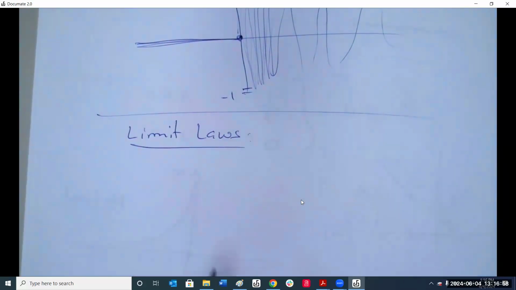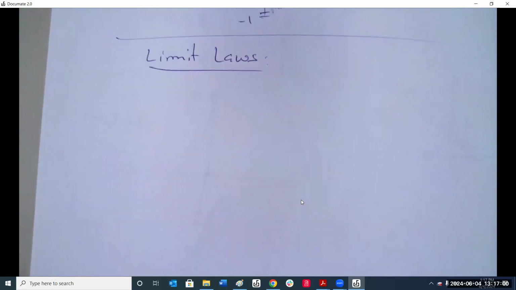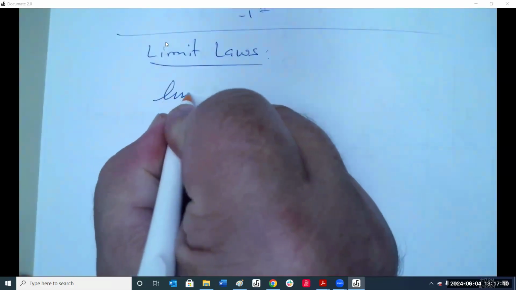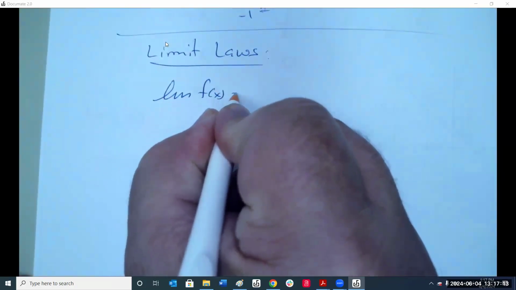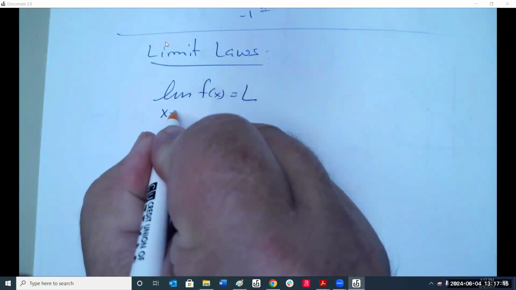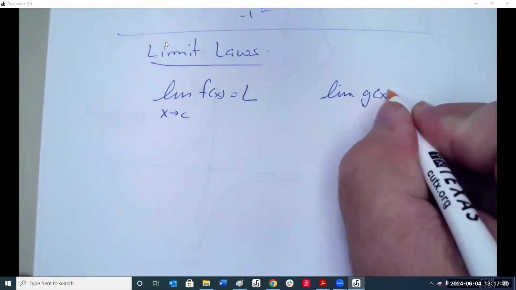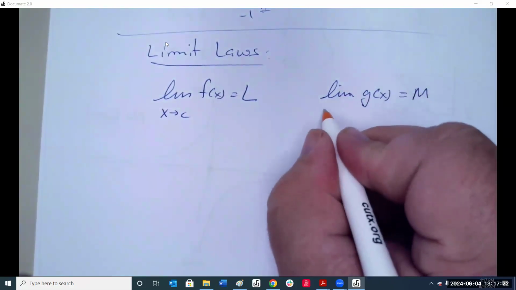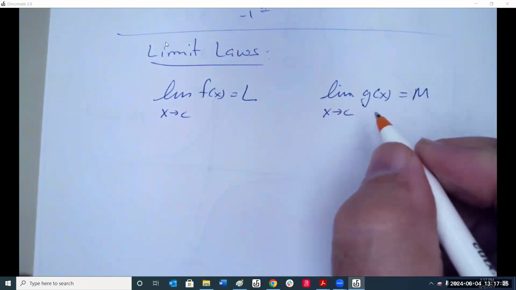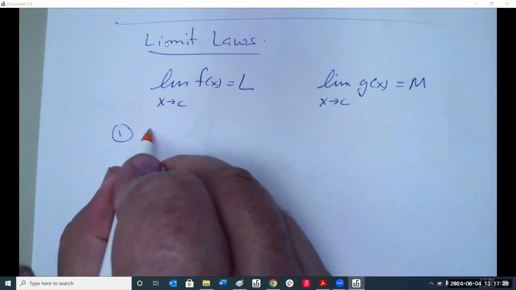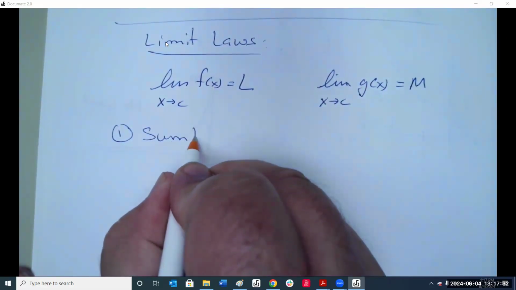Limit laws. Okay, so we have the limit of f of x equals L as x approaches C, and the limit of g of x equals M when x goes to the same value C. The sum law, sum rule.